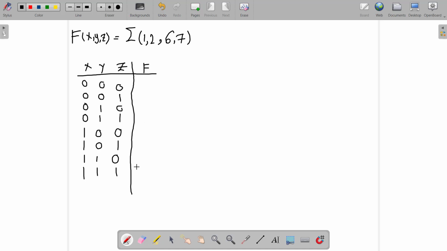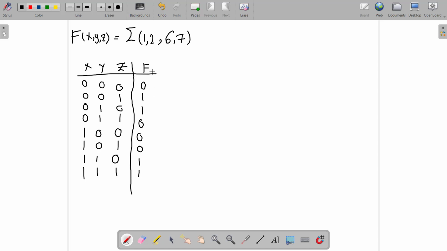Now I want to fill this column. Everywhere we have a minterm, we write 1. So 0 is 0, 1 is 1, 2 is 1, 3 is 0, 4 is 0, 5 is 0, 6 is 1, 7 is 1.